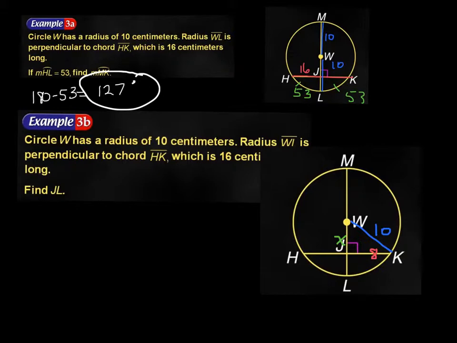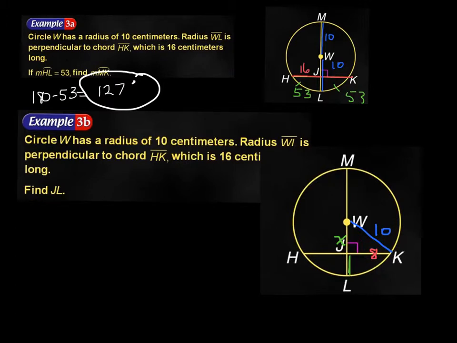Off the same diagram, they ask us to find the length of segment JL. Before I can find JL, I'm going to find JW. They told us in our original problem that circle W has a radius of 10 centimeters, so all of the radii are 10, including WK, or we could have drawn in WH. And since this radius is perpendicular to the chord, it cuts the chord in half. Half of 16 is 8.